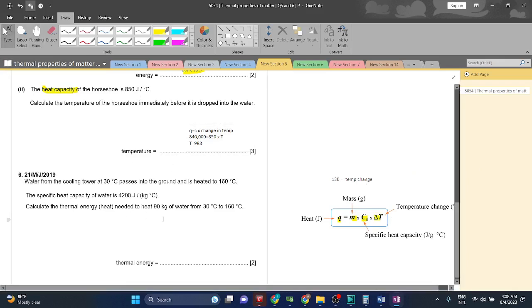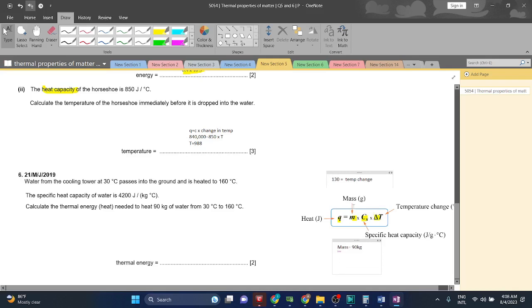So they're asking for the thermal energy needed to heat 90 kilograms of water. So mass is 90 kgs. और उसके बाद delta T है हमारे पास 130, and specific heat capacity हमें दी हुई है उन्होंने which is 4200.